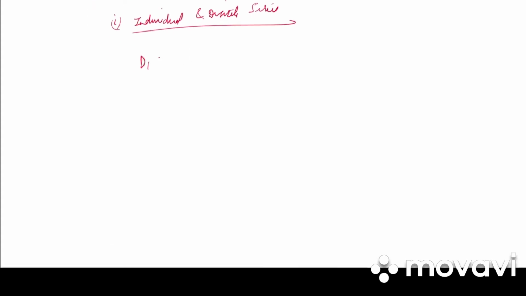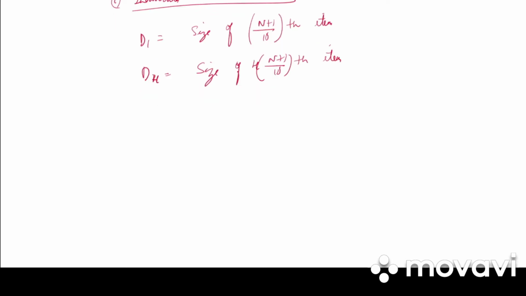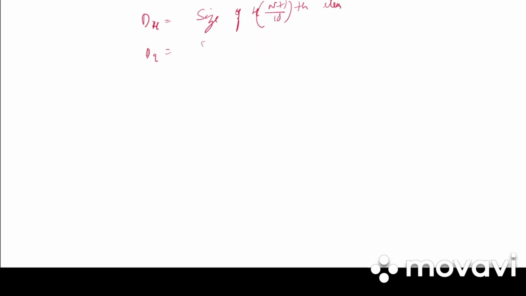Write down D1 is equal to size of (n plus 1) divided by 10th item. D4 is equal to size of 4 into (n plus 1) by 10th item. D9 is equal to size of 9 into (n plus 1) by 10th item.